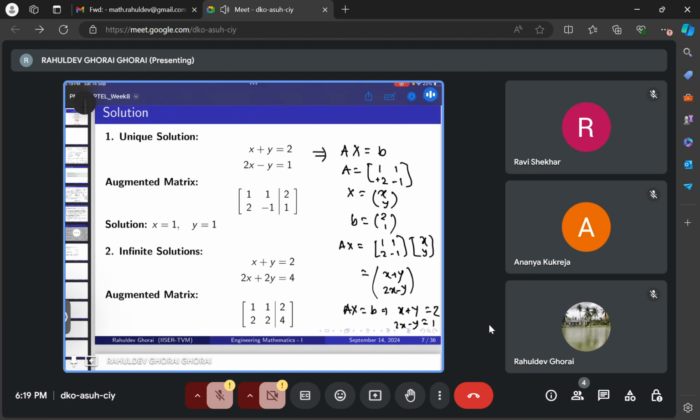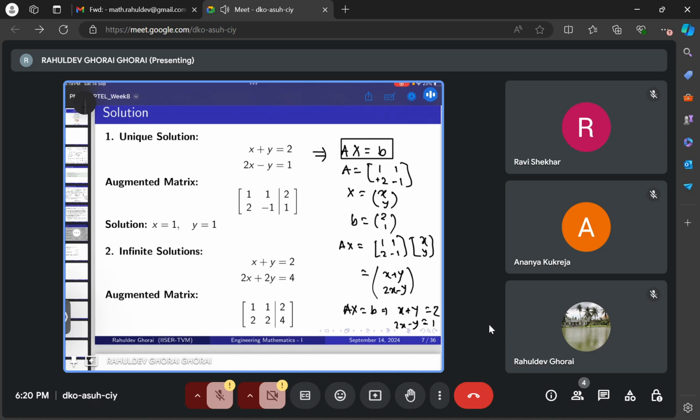This is a very small example where you can see that any linear system can be written as Ax equal to b, where A is a matrix.